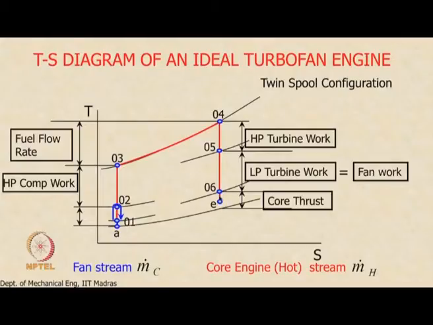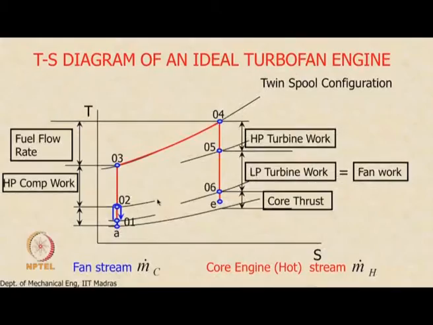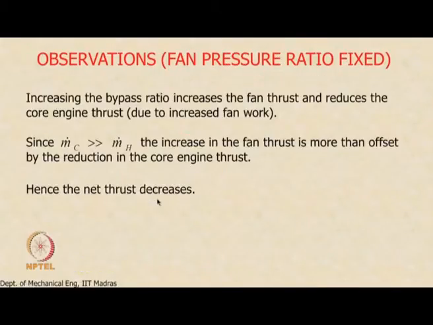The nozzle is choked, and as I keep moving this down, E also keeps sliding down. Eventually, the core engine nozzle may actually become unchoked. So the thrust produced by the core engine nozzle decreases continuously as I increase the bypass ratio. That is what we have written here.